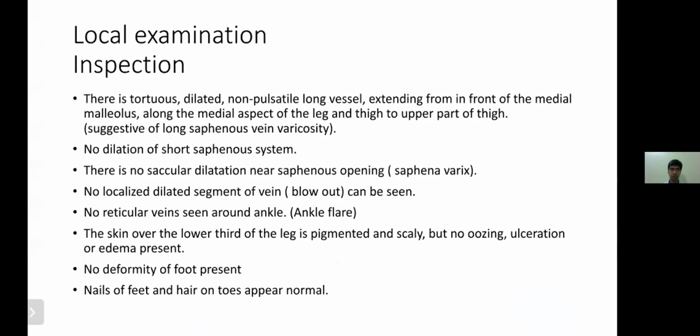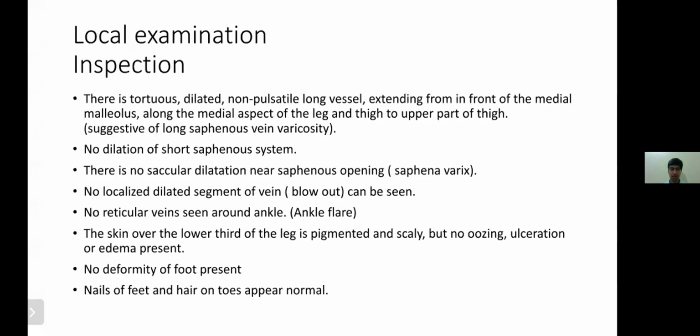Varicosity at the level of the groin. What does that indicate? It indicates incompetence of the saphenofemoral junction. Yes, very good. So saphena varix is basically SFJ incompetence showing a small pouching or bulging near the SFJ, which is a saccular dilation.